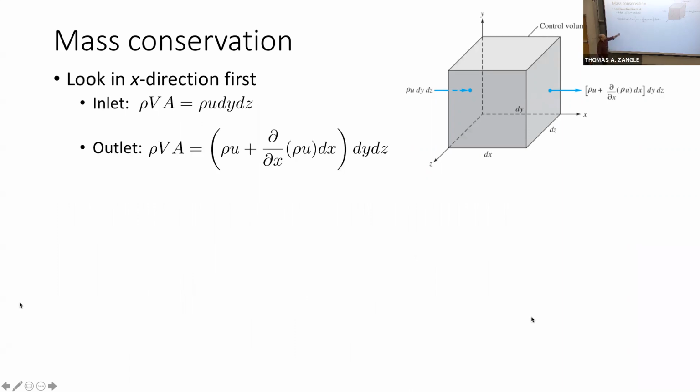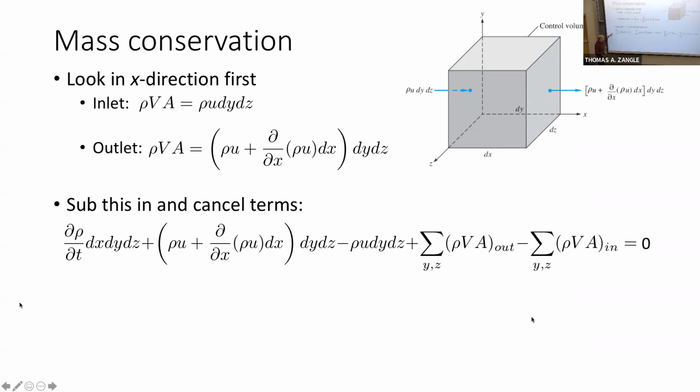At the outlet, rho VA, the mass flux flowing out, is going to be rho u plus the change across that dx, times the area dy dz. We're going to plug this in and see what happens.